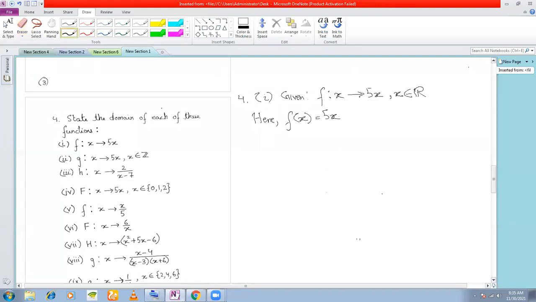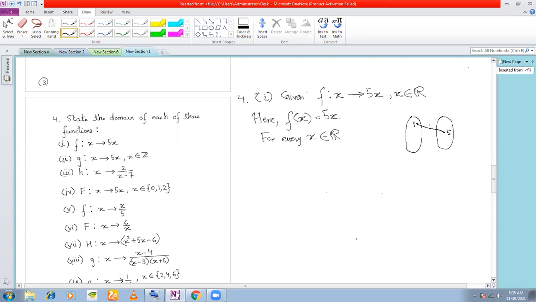Now what should be the domain set here? For every x belongs to R, will you get an image in R? Just imagine here. Take x is equal to 1. What is the image? 5 into 1, 5.